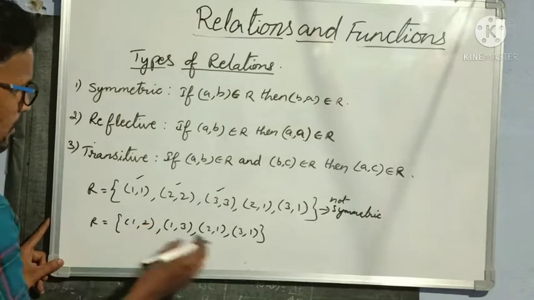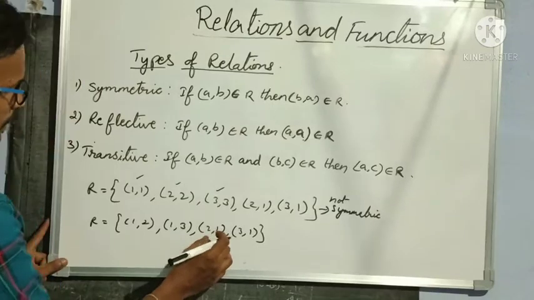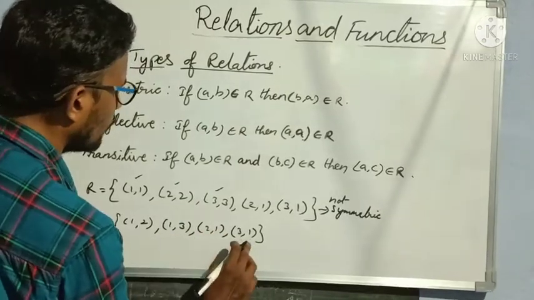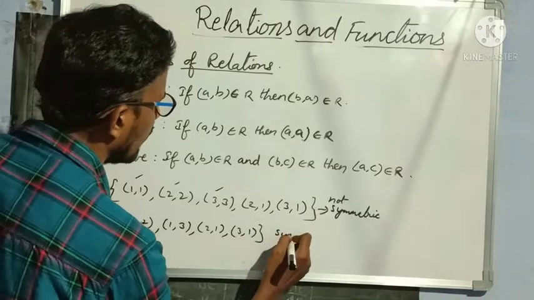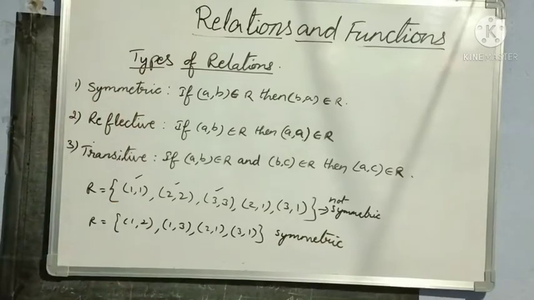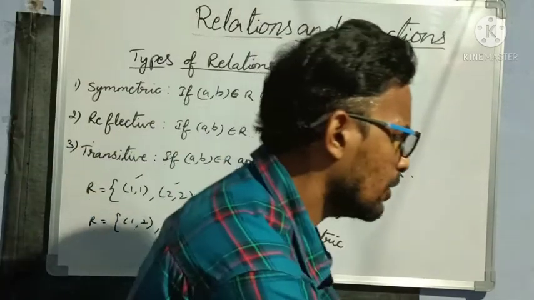Is there (2, 1) or not? Yes. In the same way (1, 3) is an element. In the same way I have (3, 1) also. So such relation is what type of relation? Symmetric relation. Understood? The difference between not symmetric and symmetric relation. Okay? Next, let us go to our reflexive relation.